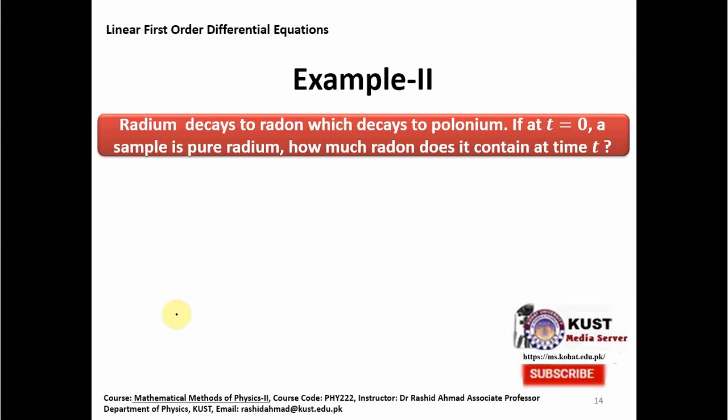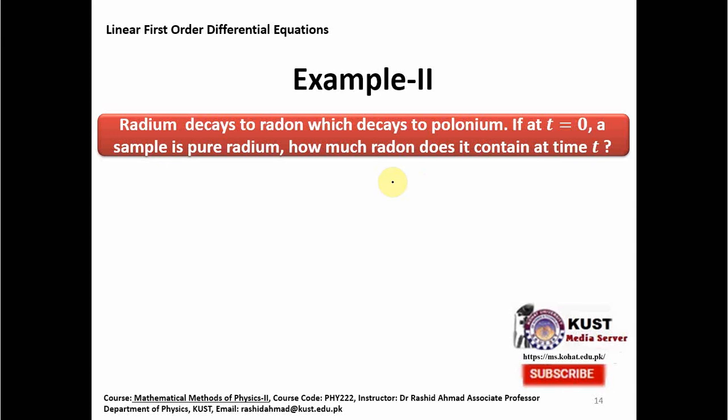So let's consider a radioactive decay problem, where let's say radium decays to radon, which further decays to polonium, and at time t equal to 0 a sample is pure radium. So the question is how much radon does it contain at time t.